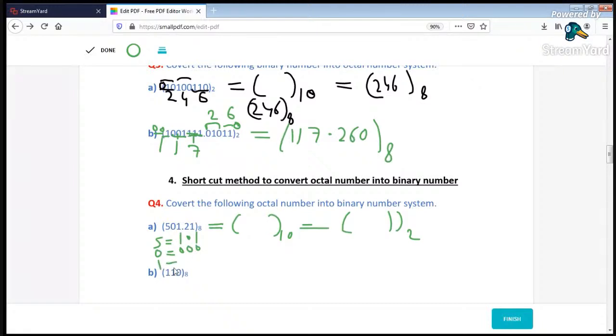For 1, this will be 001, and for this 2 we can write 010. So according to the sequence of these symbols written in octal, you arrange their binary values. So for 5 it is 101, for 0 it is 3 times 0, and for this one, 001.